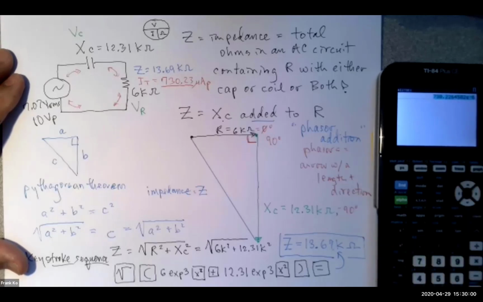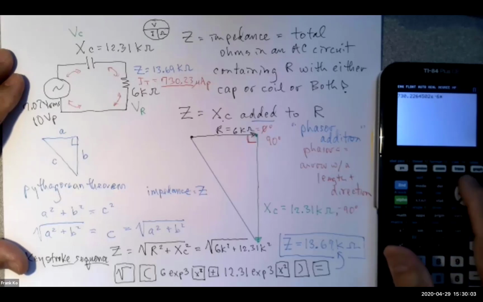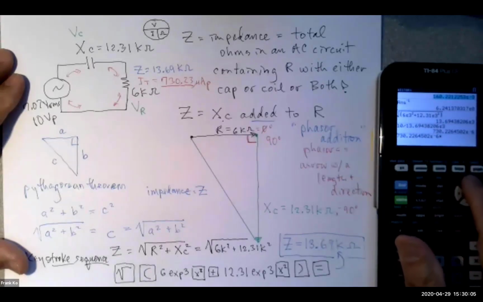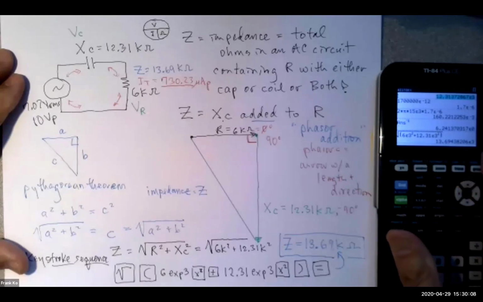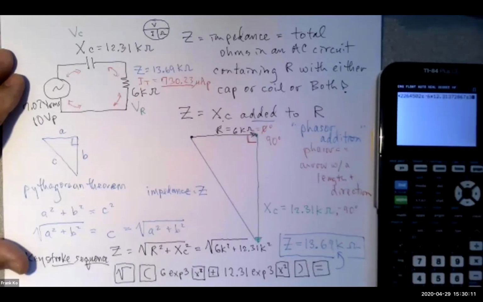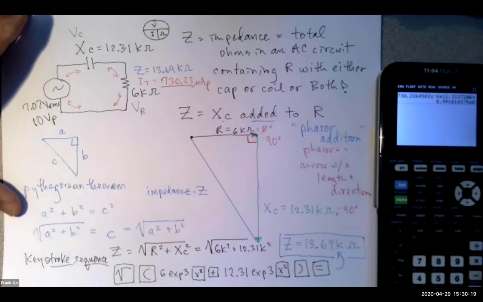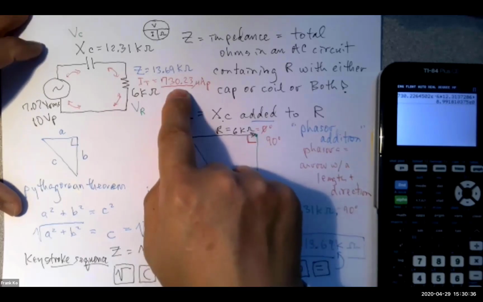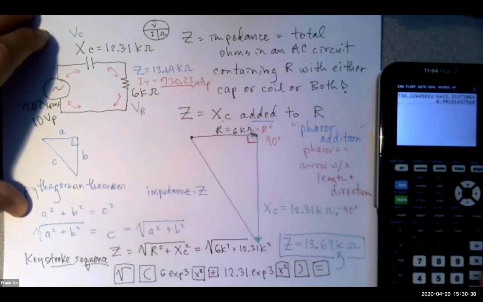Take the current, enter, times these ohms, and I happen to have a peak voltage on the capacitor. Volts peak. All right.